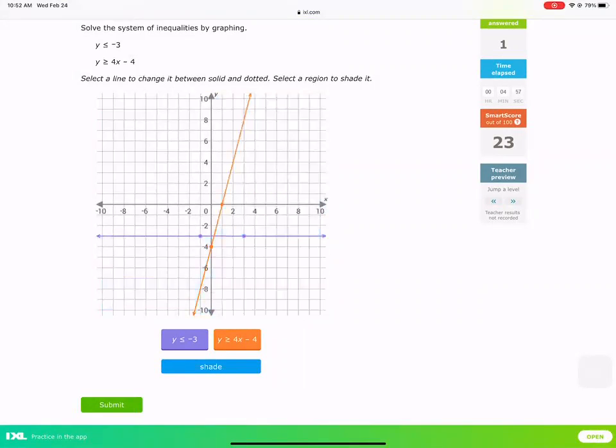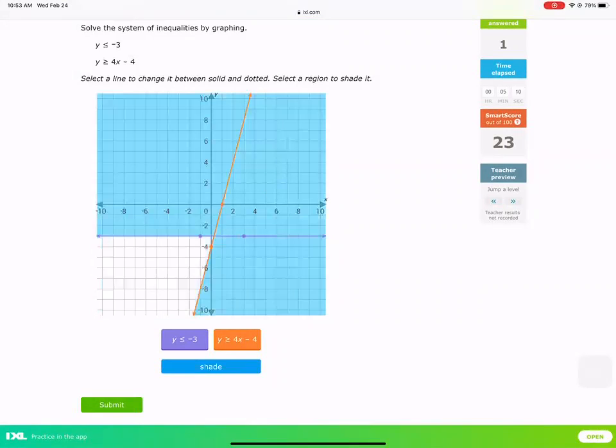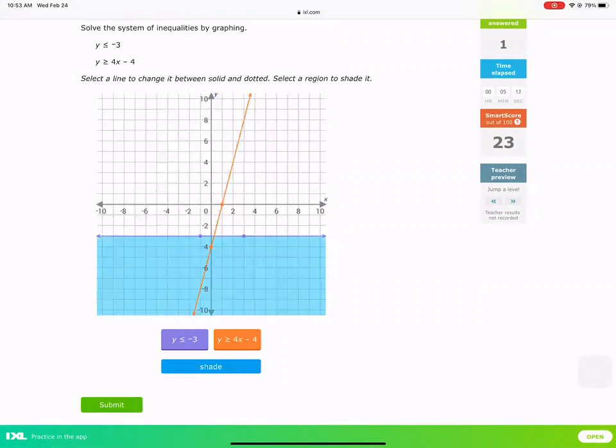Since this graphing utility is very easy for us, let's go ahead and answer our first part. When is y less than negative 3? Here's our negative 3. Our y values are less than negative 3.